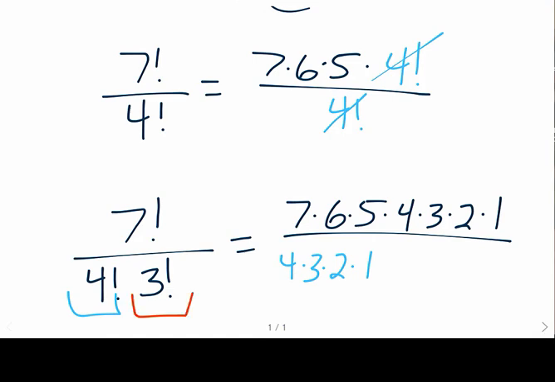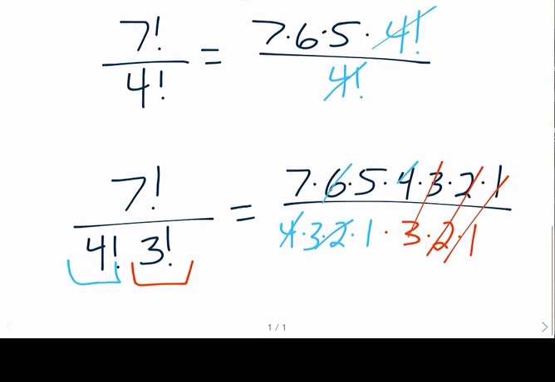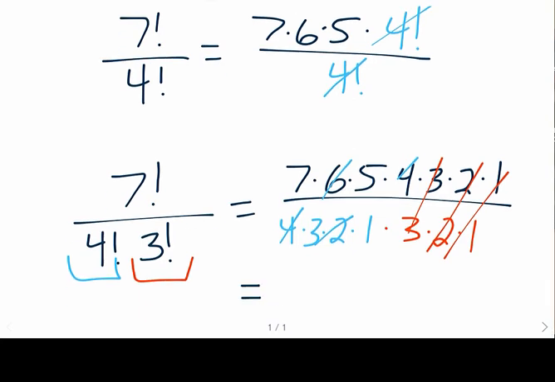The 3 factorial is 3 times 2 times 1. And what we're going to do is divide out common factors in both the numerator and denominator. In this case, the 6 and then 4, 3, 2, 1 all divide out with factors that we see in the denominator. And what we're left with is simply 7 times 5 for a result of 35.